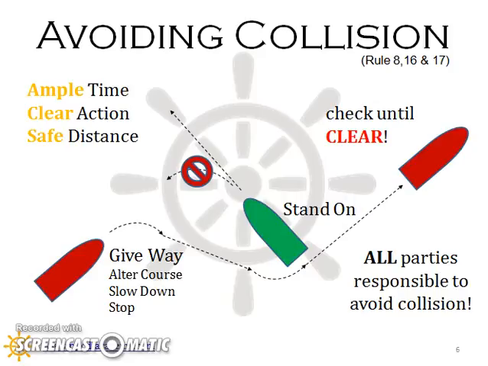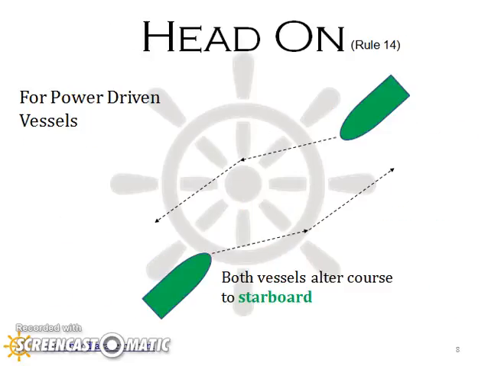If the alteration is just 2-3 degrees, nobody can tell that you are actually altering the course. And safe distance, that means well away from the other craft. You wouldn't want to make your alteration close to the craft, and everybody will get confused, and bang, something will happen.